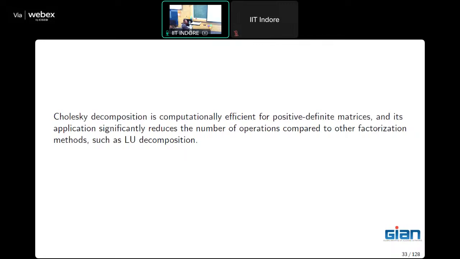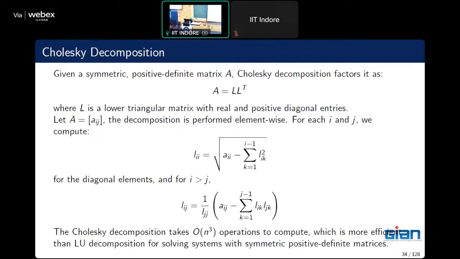If you know the matrix is positive definite, instead of using any other decomposition, use Cholesky factorization. In that case you take half of the work, n³ by 3, not n³ by 2. This is n³ by 3 flops that you require for the calculation.